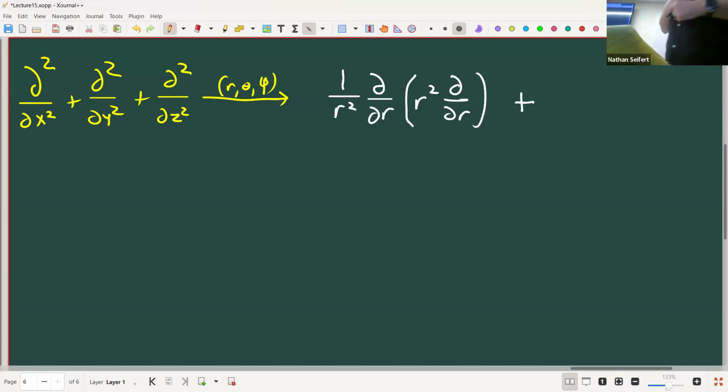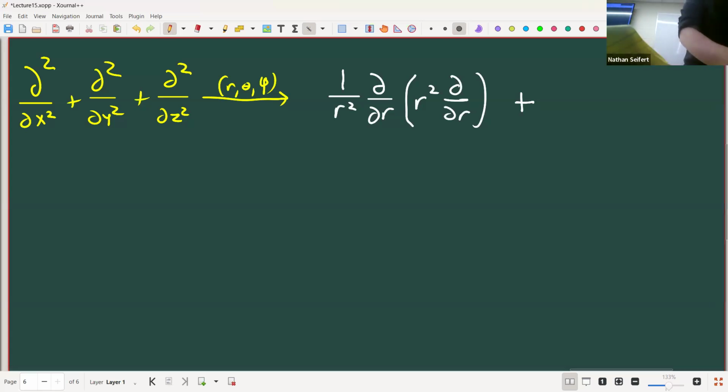In fact, they don't usually cancel each other out, because the derivative of this interior is going to have a product rule. You're going to take the derivative of this times this plus this times the derivative of this. So the r squareds aren't necessarily going to cancel out, but they kind of look like they do. So this is the radial term.